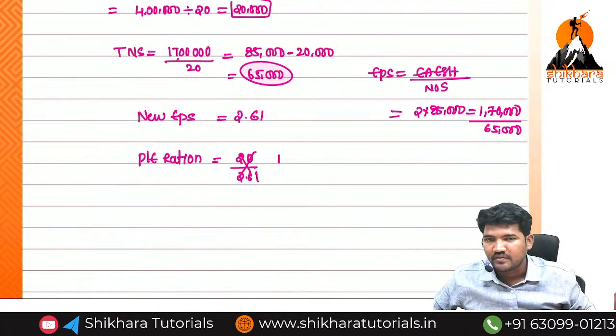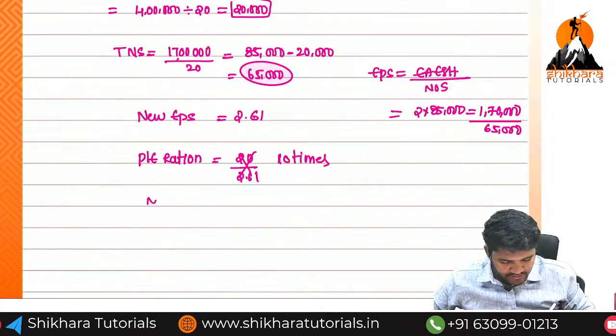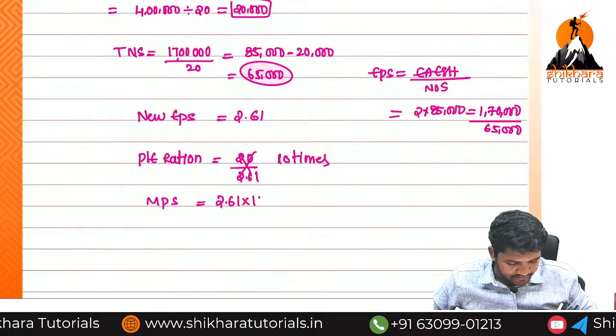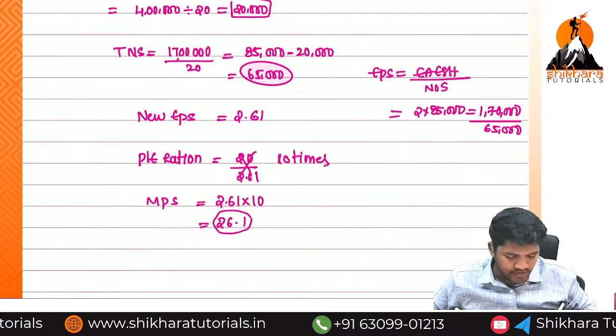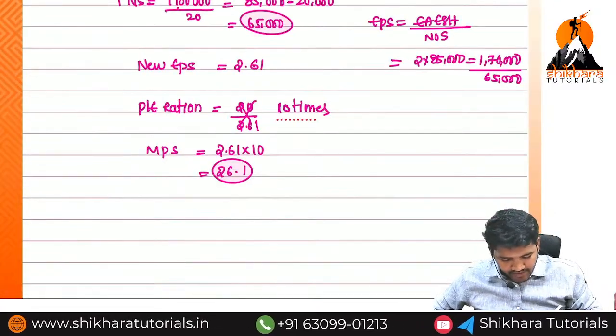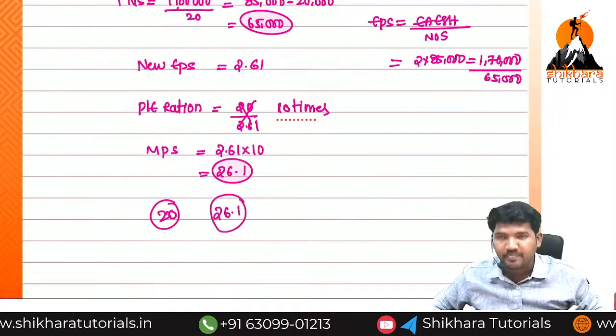If you are following the assumption, don't calculate; directly take the previous 10 times. Now MPS equals 2.61 into 10, which is 26.1. Scenario 1 market price is 20 rupees. Scenario 2 market price is 26.1 rupees.